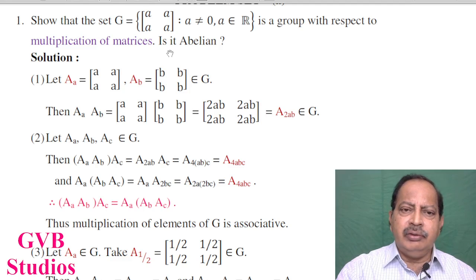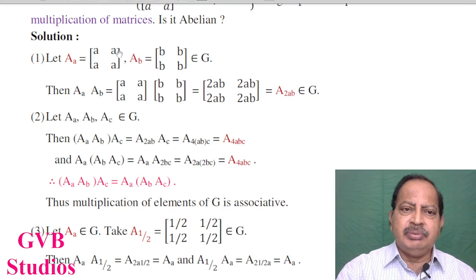So we go to the formal procedure. I will denote this matrix with a as capital A suffix small a. And here I am taking b in all the 4 places, and I denote this by capital A suffix small b.